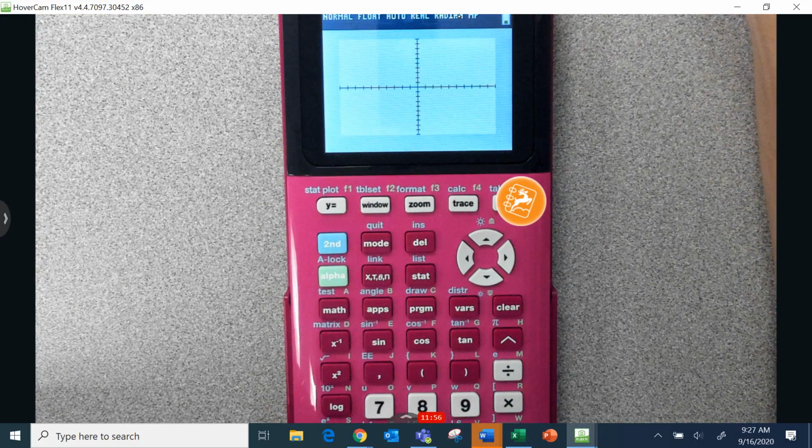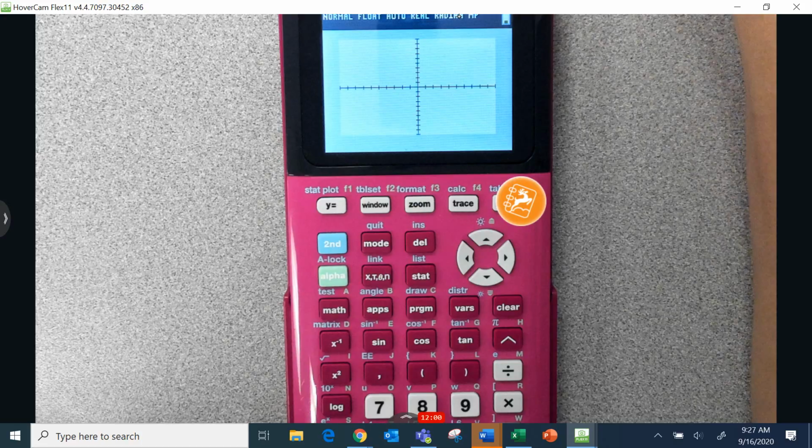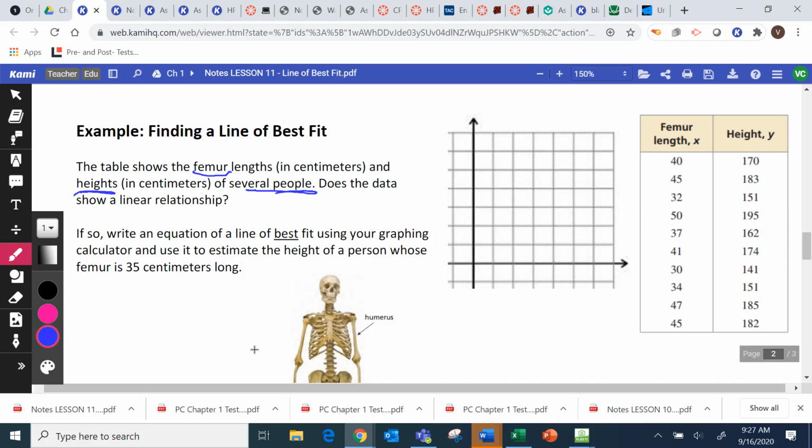And you'll see nothing happened. Because what kind of numbers do we have? Remember, what is my domain for my X values?